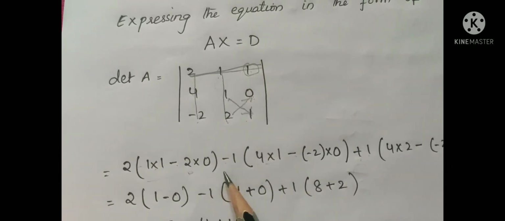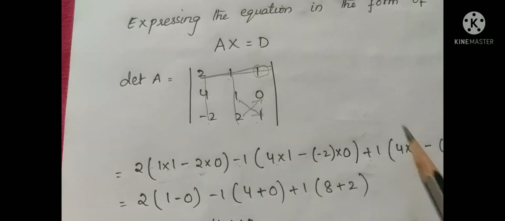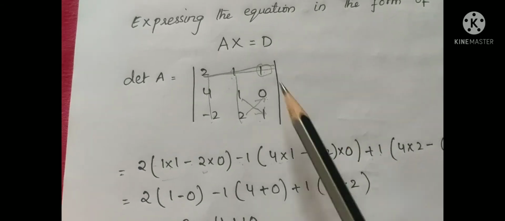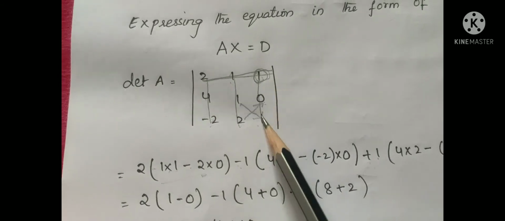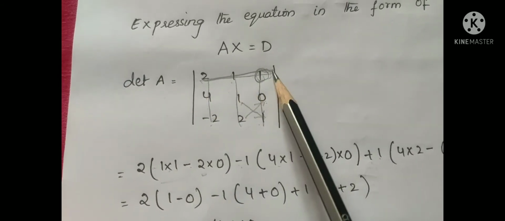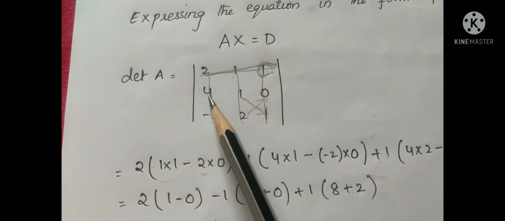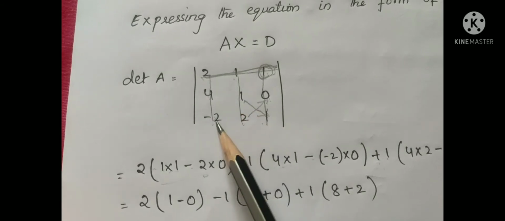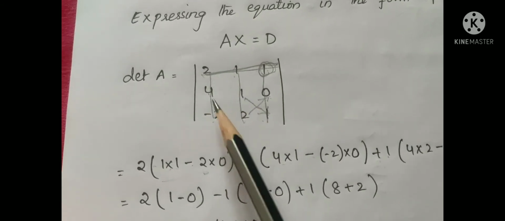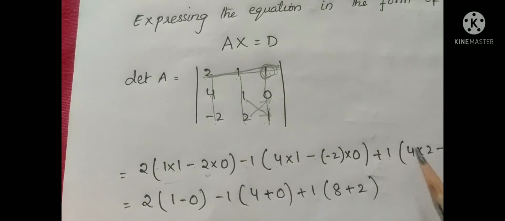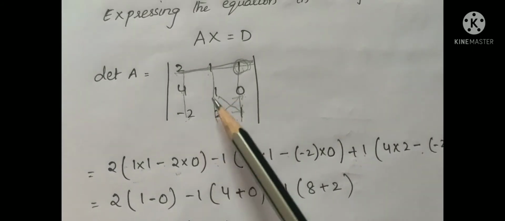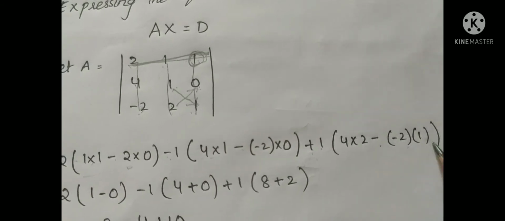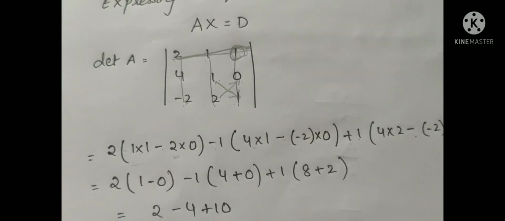Only in the middle we have to take minus. So plus 1. When taking this 1, leave this column and this row, so you are left with 4 1, -2 2. Okay, 4 into 2 minus (-2) into 1, right?